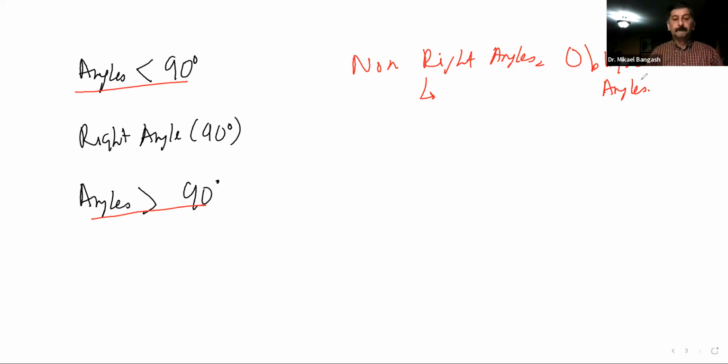Did you guys get that? So any angle which is not a 90-degree angle will be referred to as an oblique angle.